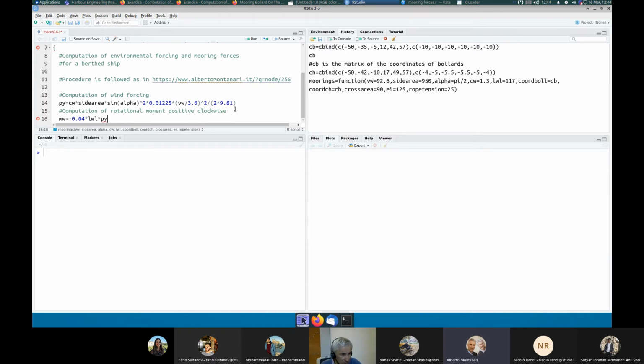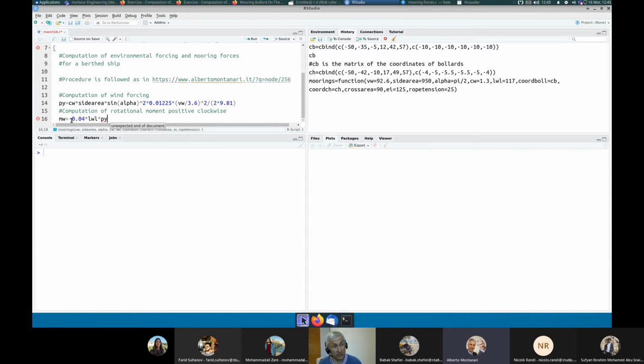Now the rotational moment, positive clockwise. This is given by the wind force times the eccentricity, which is given by the length of the water line multiplied by 0.04, which is an eccentricity coefficient.